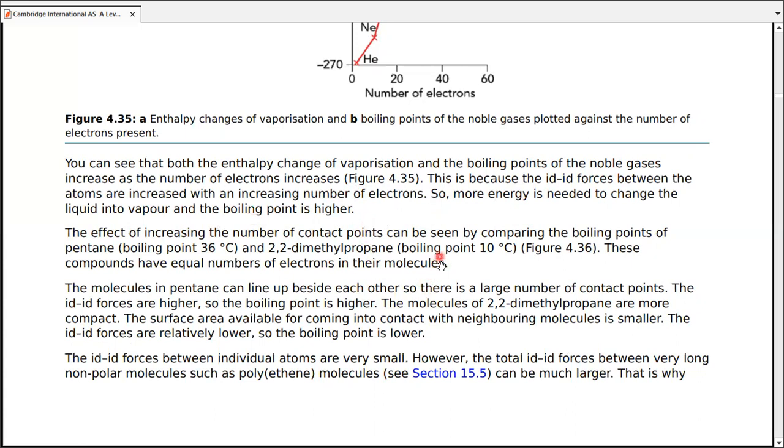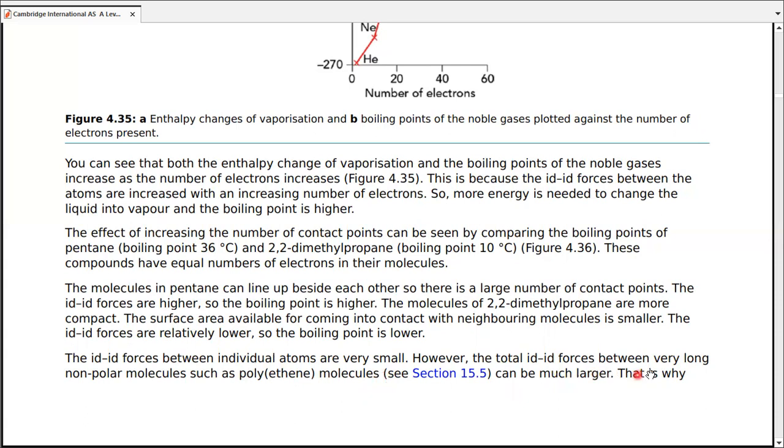The effect of increasing the number of contact points can be seen by comparing these two structures. The molecules in pentane can line up beside one another and have a large number of contact points in comparison to 2,2-dimethylpropane. The IDID forces between individual atoms are very small.